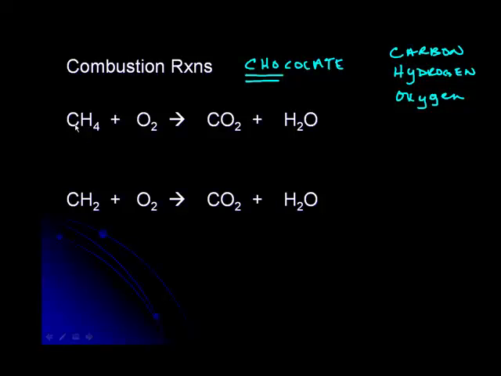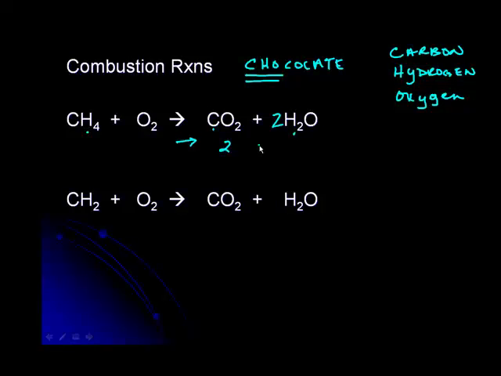I've got one carbon on the left, one carbon on the right. So far, so good. I've got 4 hydrogens on the left, and over here I've got 2 hydrogens, so I need to put a 2 in front to give me 4 hydrogens on the right. Now I can do oxygen. I've got 2 on the left, but then on the right hand side of the arrow, remember we have to add up all the oxygens.